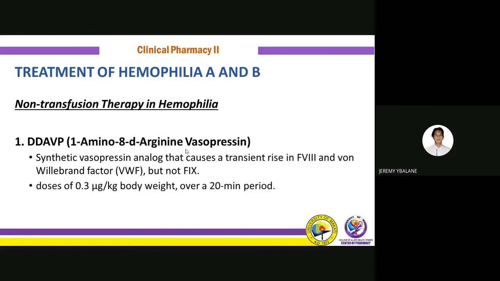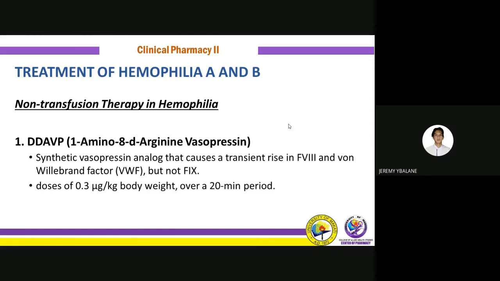DDAVP at doses of 0.3 microgram per kilogram of body weight per patient over a 20 minute period is expected to raise factor VIII levels by 2 to 3-fold over baseline, peaking between 30 to 60 minutes after infusion.